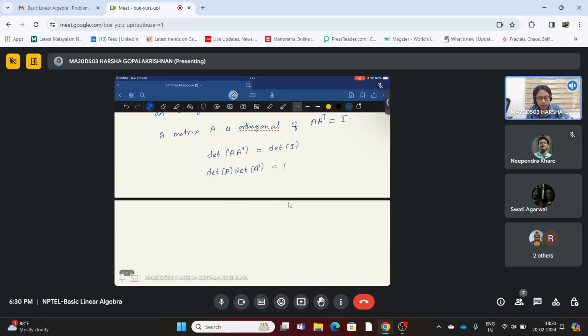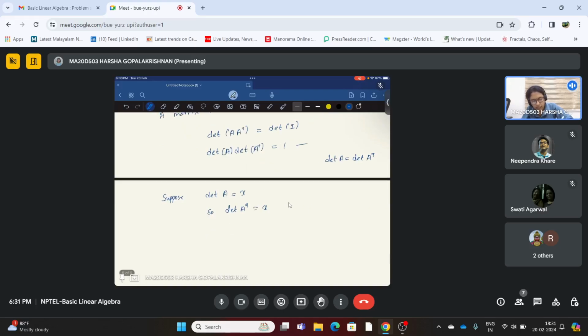Now what is the next step? Determinant of A transpose is equal to determinant of A. We already mentioned this result. So suppose determinant of A equal to, for simplicity, X. Then determinant of A transpose should also be equal to X. So we will get this equation star: X into X equal to 1, that is X square equal to 1.